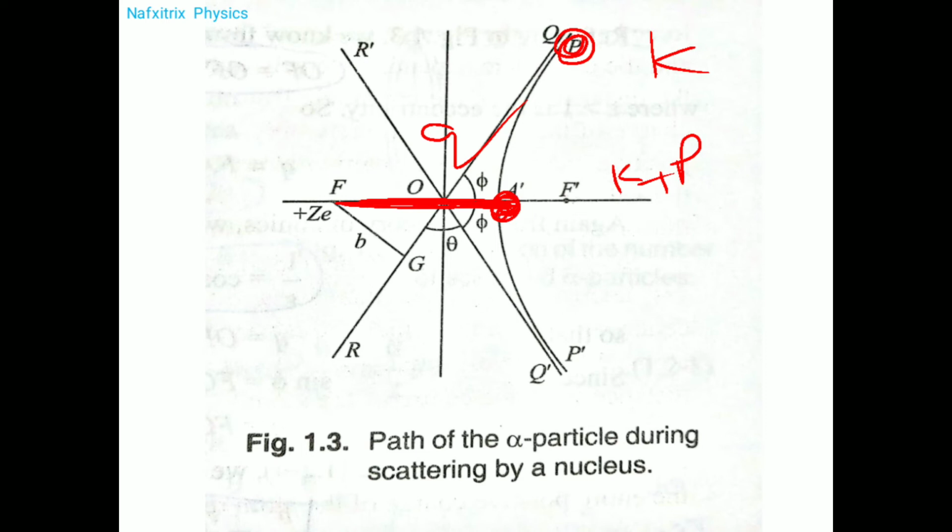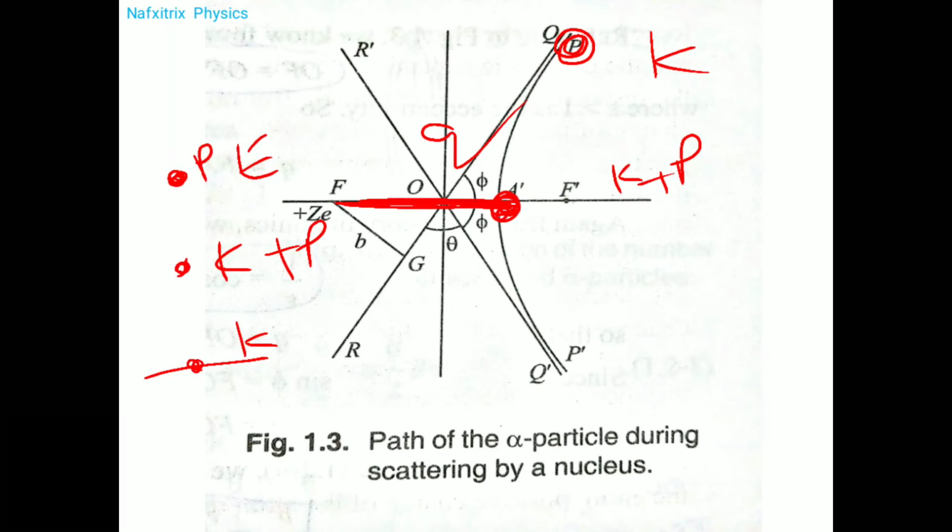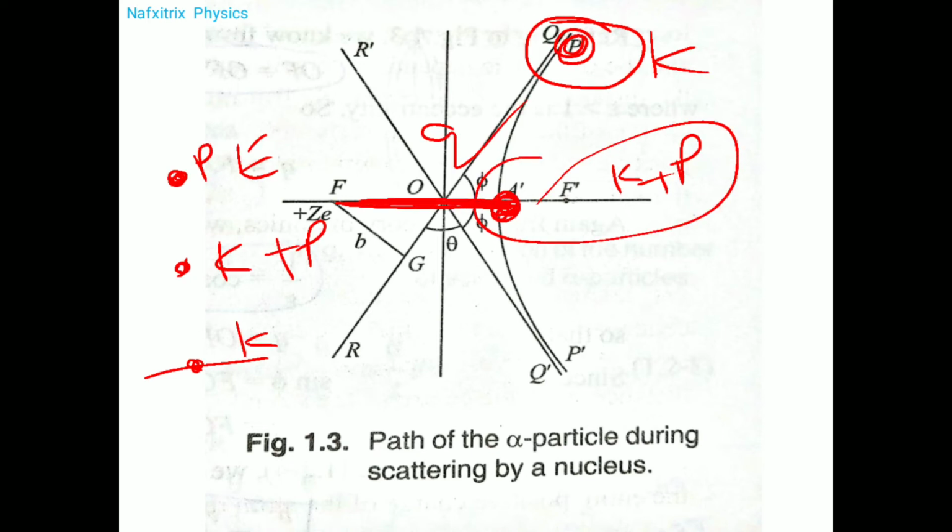Just like if we drop a ball from a height, here the entire energy is potential energy, here kinetic plus potential energy, and finally kinetic energy at this point. In the same fashion here also. Initially the alpha particle has its entire energy in the form of kinetic energy, and here it is kinetic energy plus potential energy, and the potential energy is very high here because of more repulsion, more potential energy.